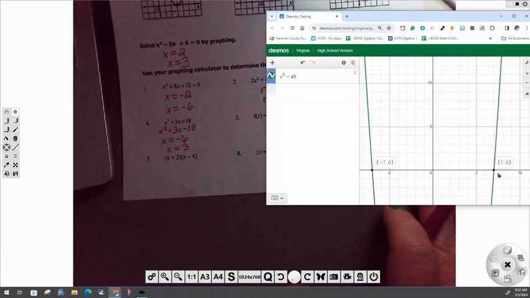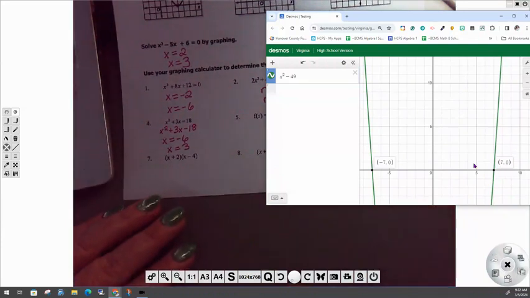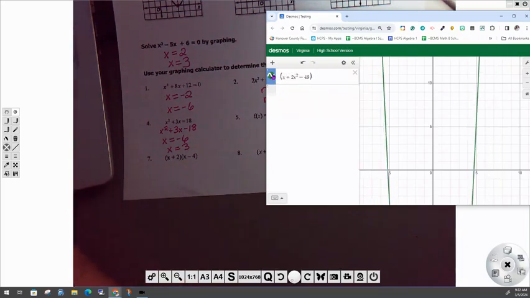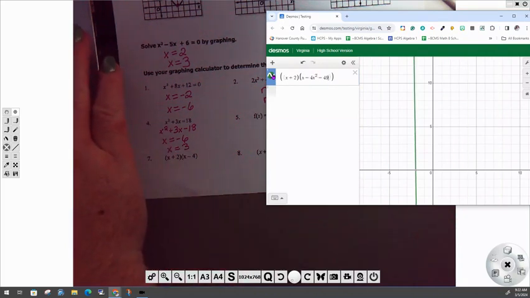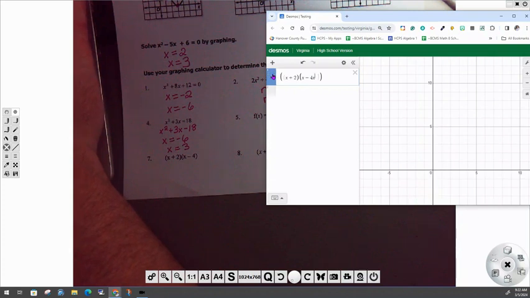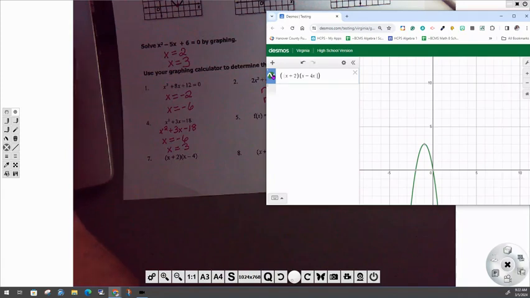All right, let's keep going. Question 7. Oh, look at this one. This one's weird. Watch this. x plus 2 times x minus 4. Oh, got a whole bunch of extra parentheses.